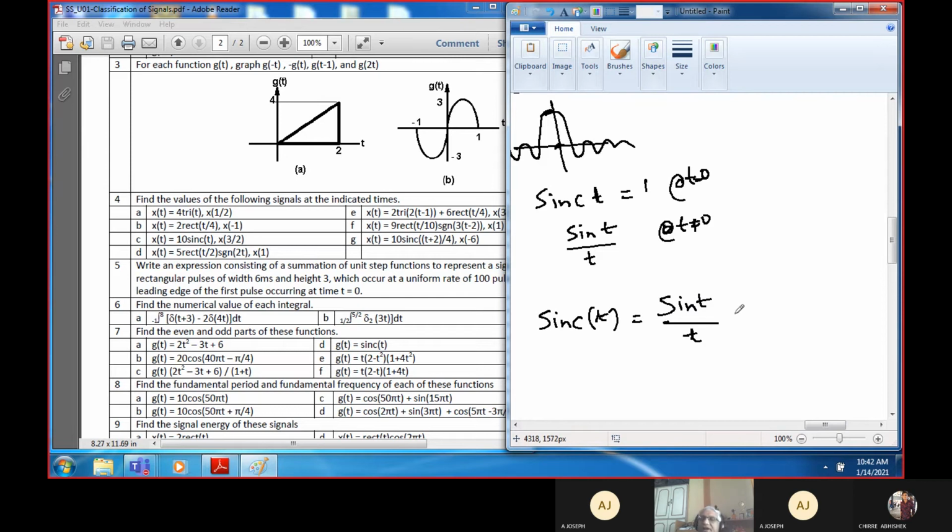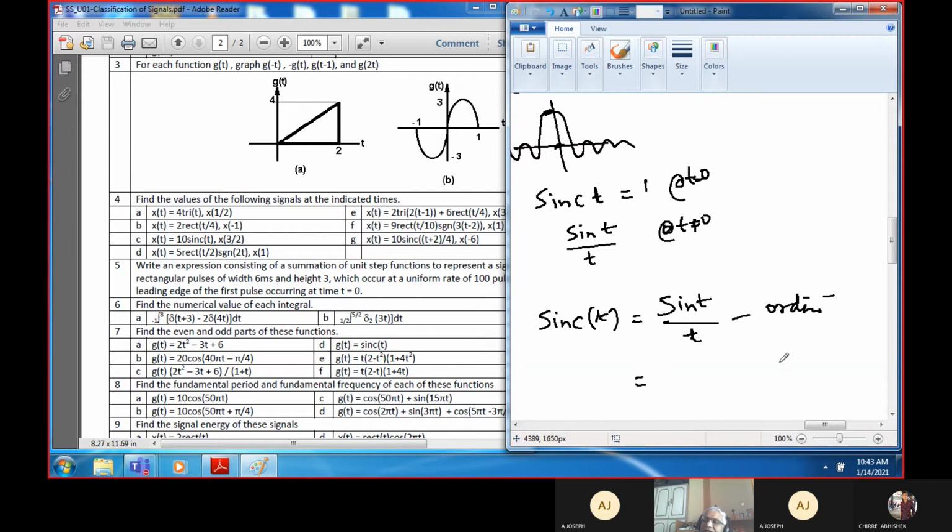That's all, sin t by t. This is the ordinary way of defining. You don't have to give the t equal to 0 case, because if you put t equal to 0, automatically you will get one answer here. Is it not? Or you can also write it is equal to 1 for t equal to 0, and it is equal to sin t by t for t not equal to 0. Okay, this is one way.